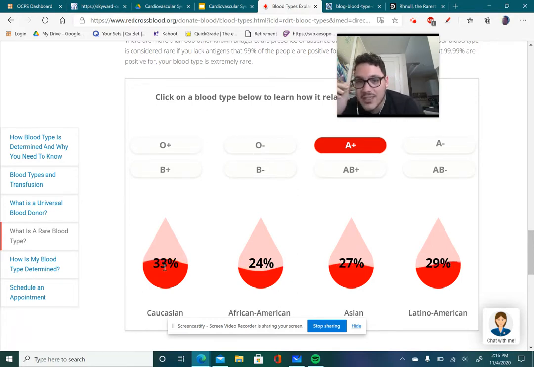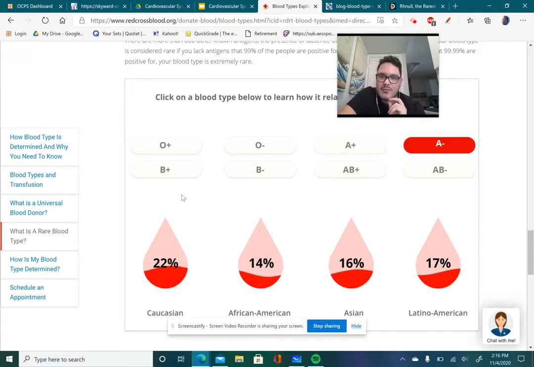People of European descent, like British, Scottish, Irish, French, German, Italian, not really Spanish, because Spain obviously is more the origin for Latin countries. They basically conquered a lot of these places. But these other European countries have a higher chance of being A, more specifically A positive. But you still see A positive in other ethnicities, as you can tell.